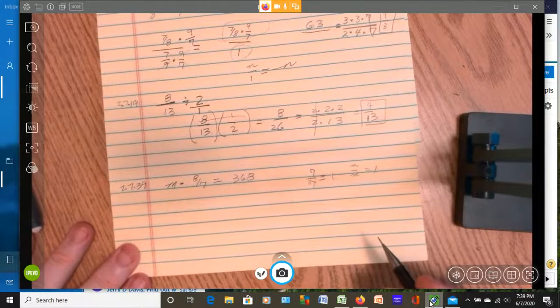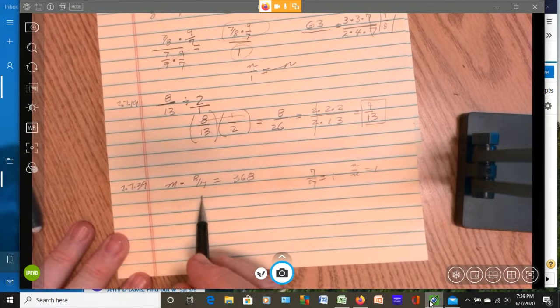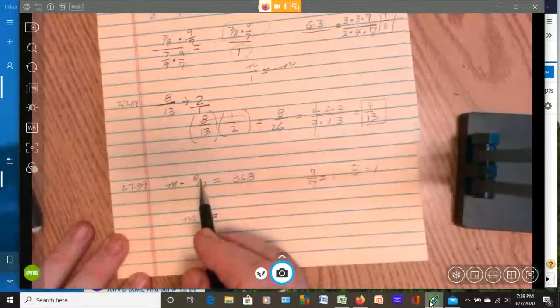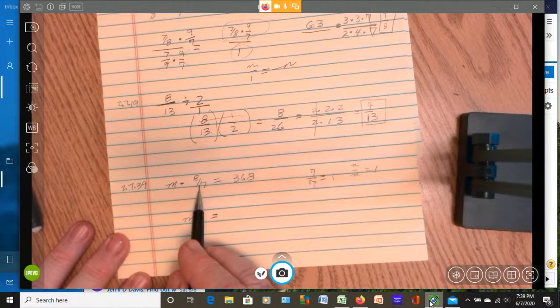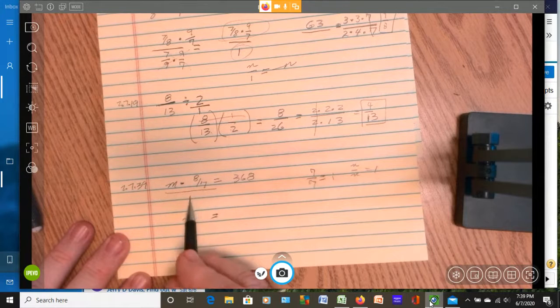Now, how could I just get m over here, and then that would tell me what m is? Well, I'm going to divide this side by 8/7.